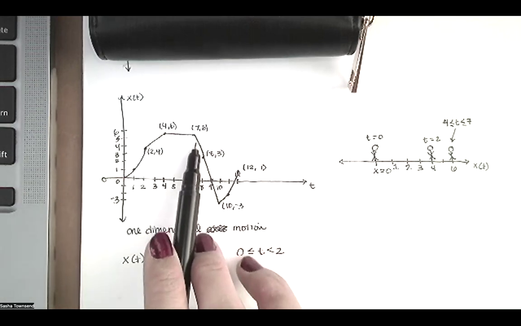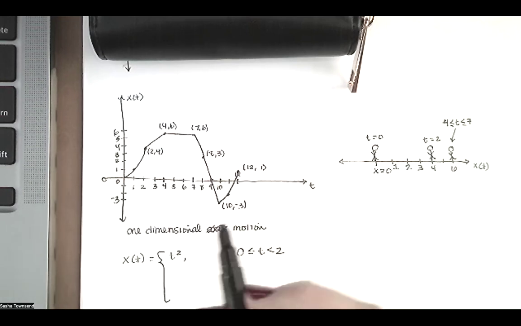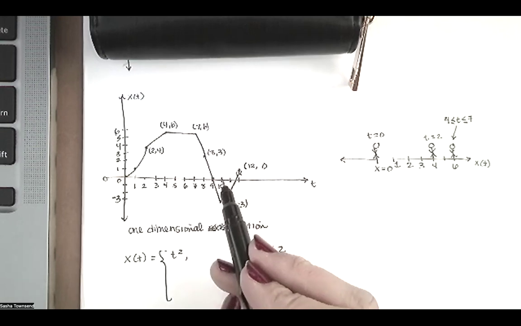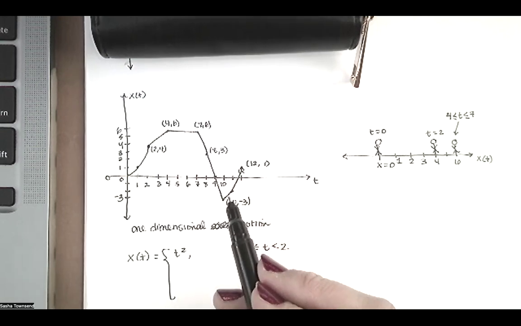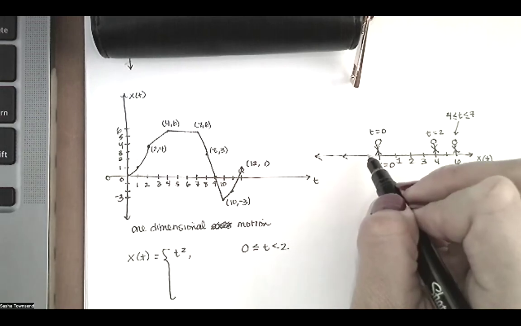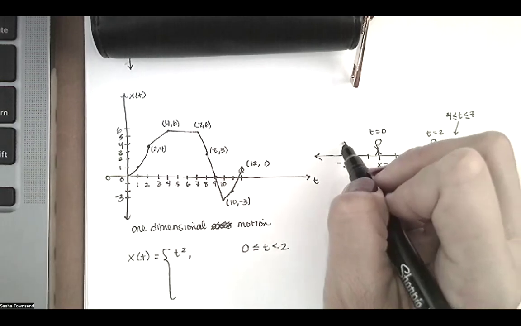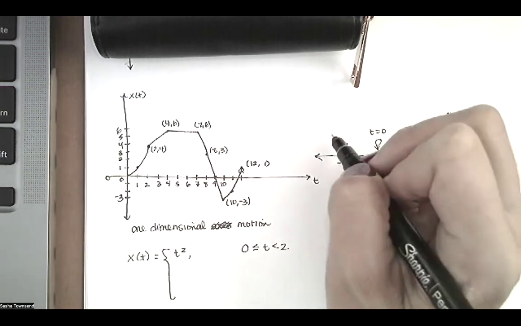And then at t equals 10, our person is at an x value of -3. So if this is the x equals 0 point, the person is over here at t equals 10.